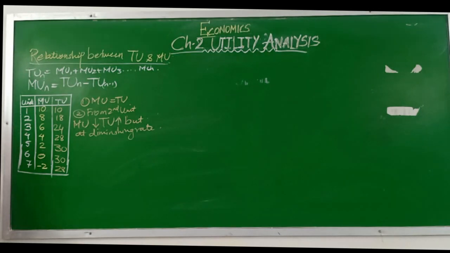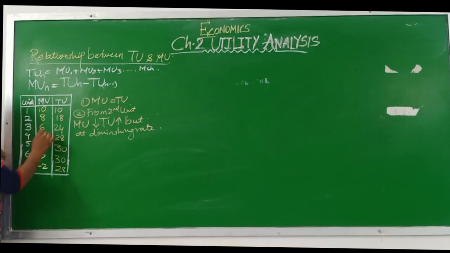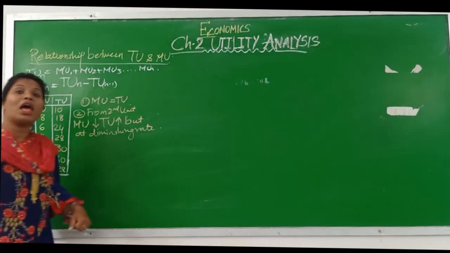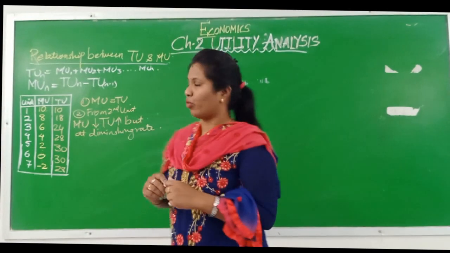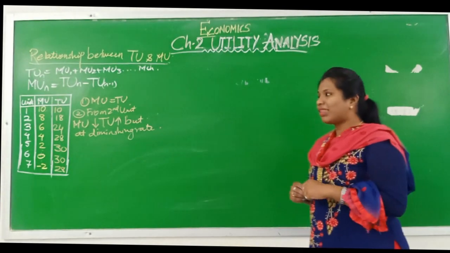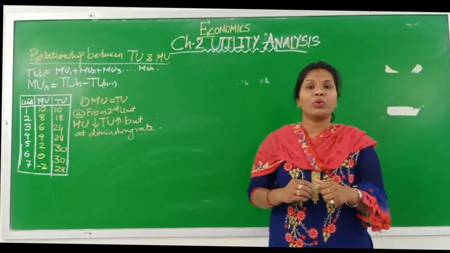Now at units 5 and 6 we can see that total utility is the same at unit 5 as well as at unit 6. We will say that the consumer is fully satisfied at unit 6.